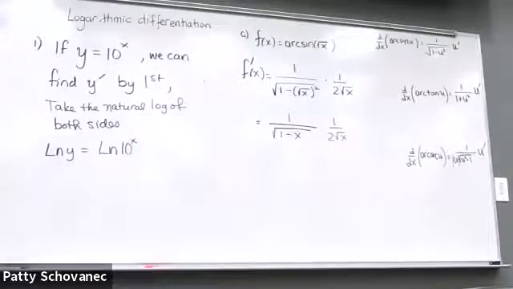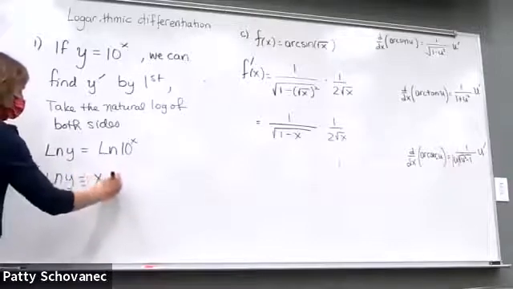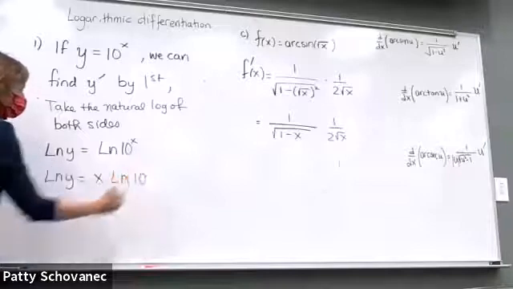And the reason we do this is so that we can use that property of logarithms that brings the power down to the front of the logarithm. So now my sentence says the natural log of y is equal to x times the natural log of 10.